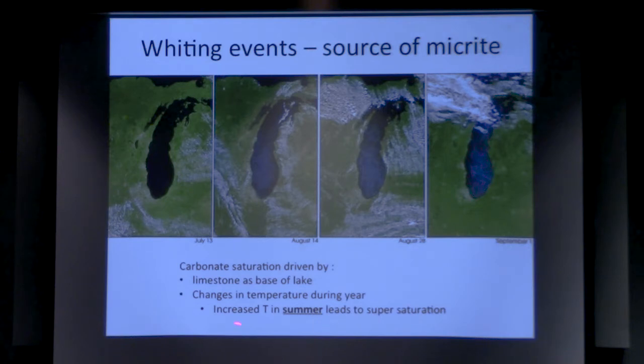Typically, we're thinking about our levers on carbonate formation. The idea in this particular setting is that it's being driven by increased temperature. This particular lake has limestone as its base, so you have plenty of source for getting your lake water carbonate saturated.